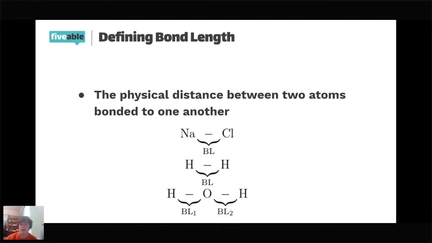But the bond length is dependent on the 2 atoms and only the 2 atoms between them. There may be some variations just because of other interactions with the molecules around it, or other atoms in the molecule. But generally speaking, they're pretty much identical amongst 2 atoms.